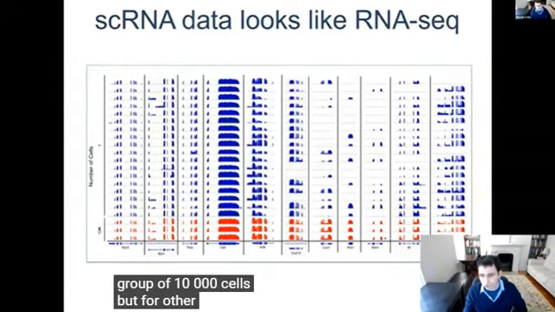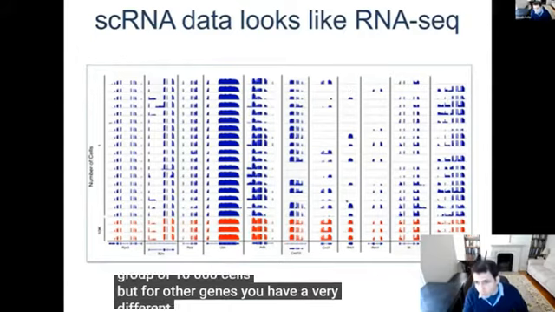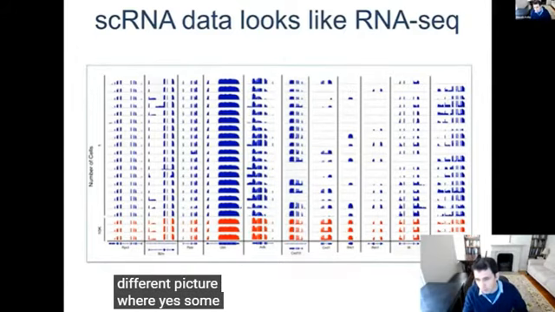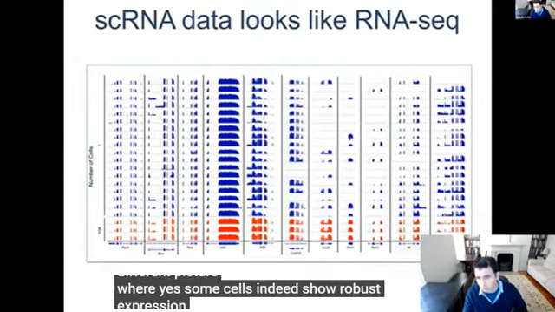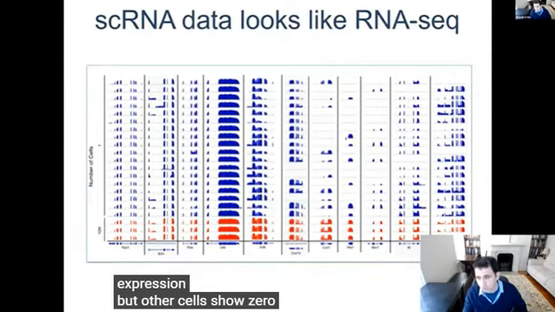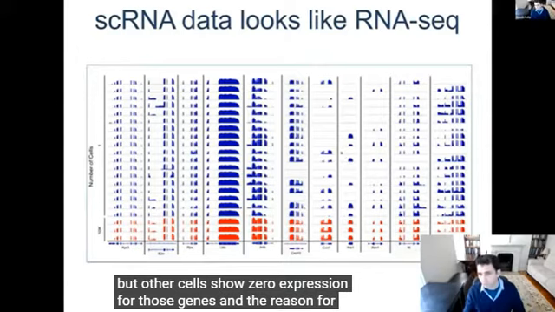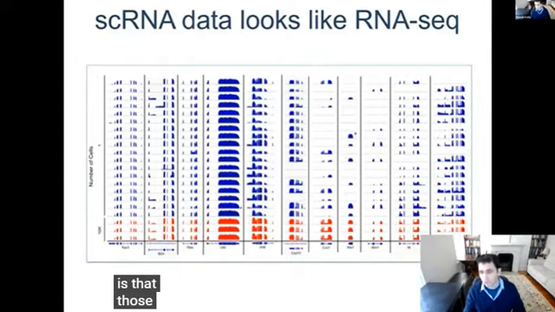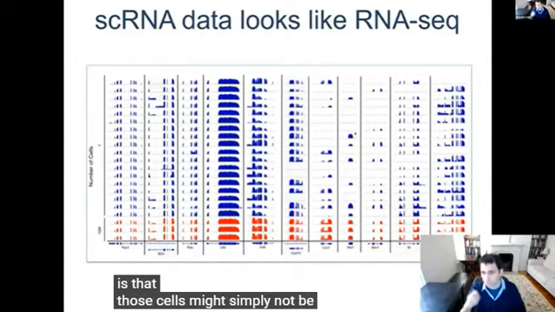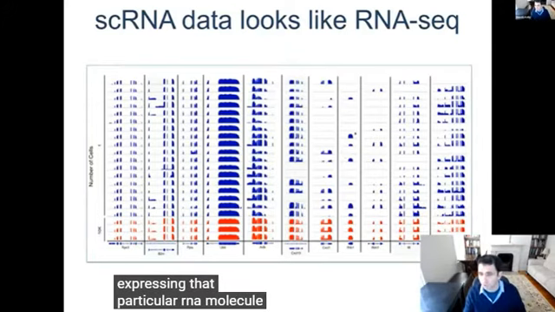But for other genes, you have a very different picture where, yes, some cells indeed show robust expression, but other cells show zero expression for those genes. And the reason for that is that those cells might simply not be expressing that particular RNA molecule at that time.